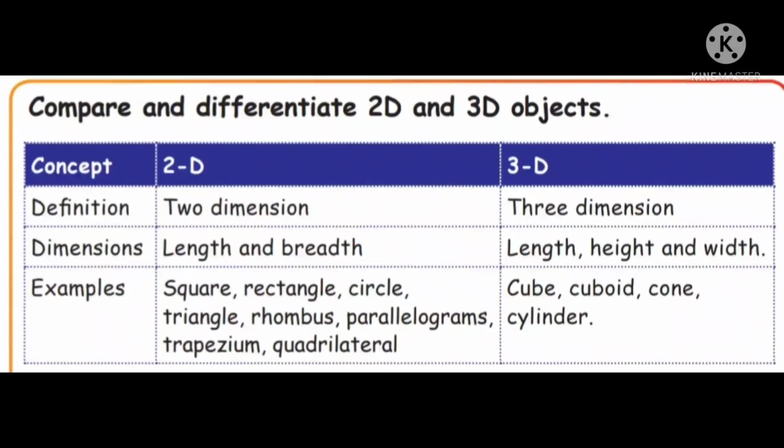In 2D shapes we have two measurements, length and breadth. In 3D we have length, height and width. Width is also breadth. Examples of 2D: square, rectangle, triangle, circle, rhombus, parallelogram, trapezium, quadrilateral shapes. And 3D we have cube, cuboid, cone, cylinder. Right?